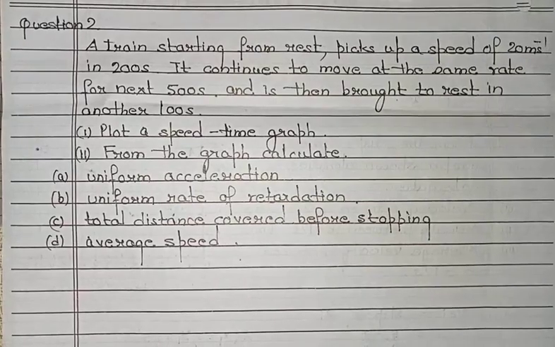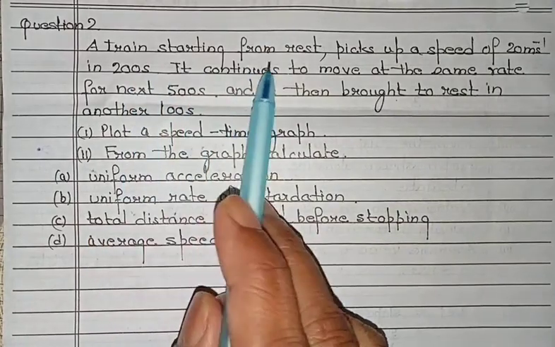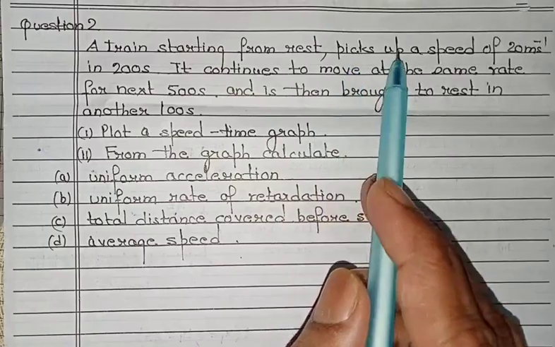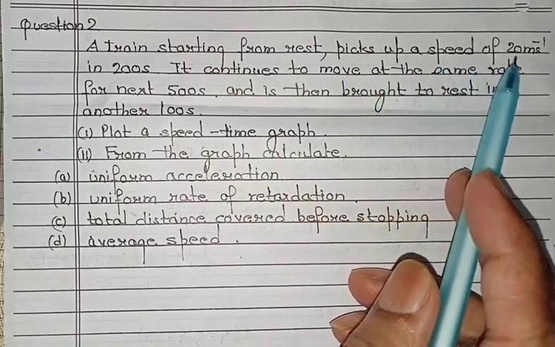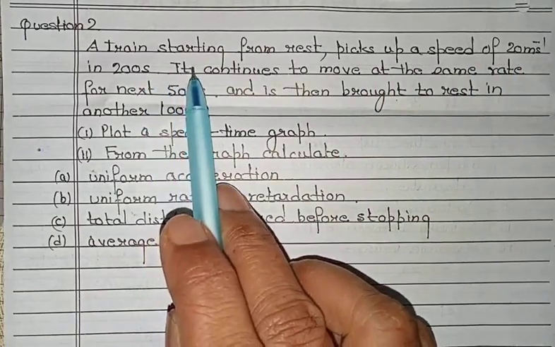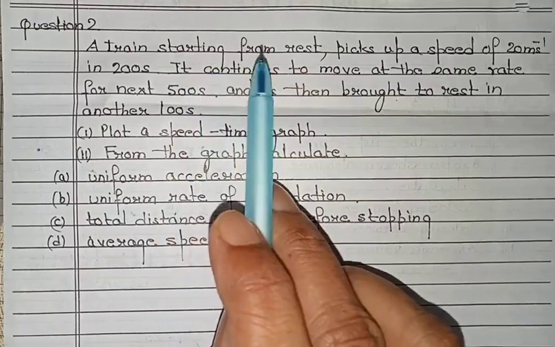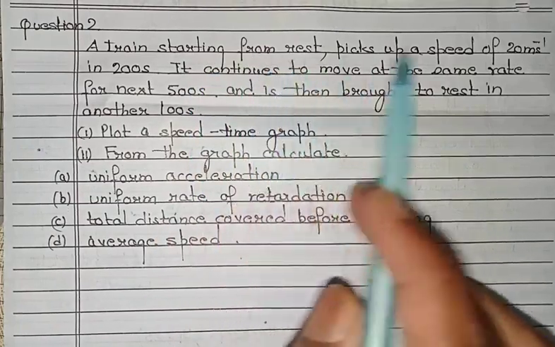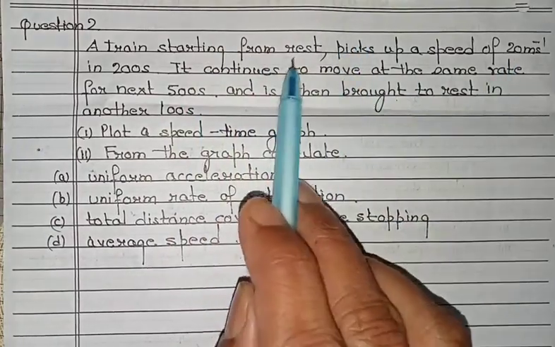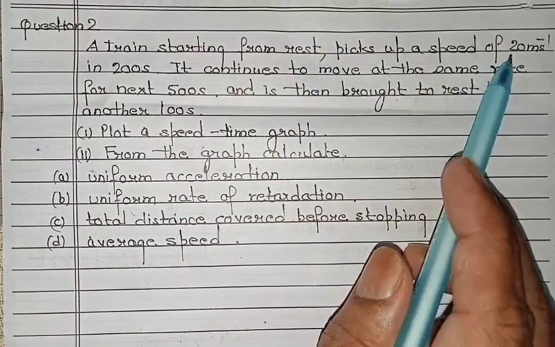Now see, in question number 2, they are saying a train starting from rest picks up a speed of 20 meter per second in 200 seconds. So that means in 200 seconds, the speed of the train goes from 0, body was at rest, to 20.